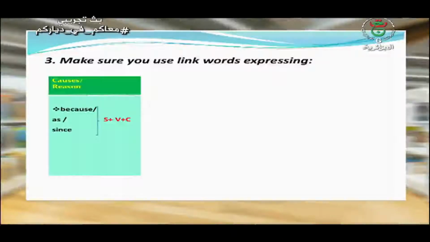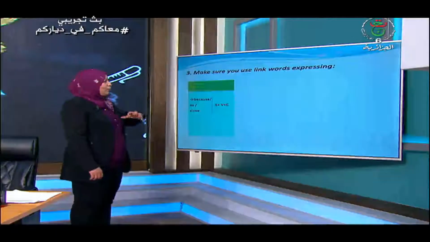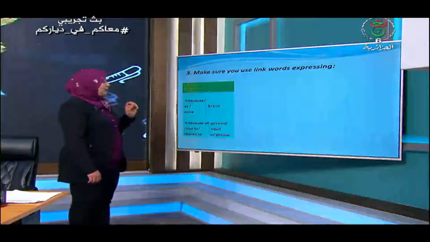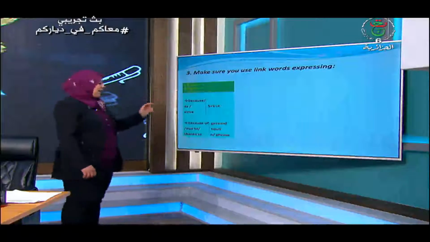What are link words? Link words are discourse markers that enable you to connect ideas and sentences. Well, I've provided you with a table containing these link words. The first column is the link words about the causes or the reason. We have because, as, since.